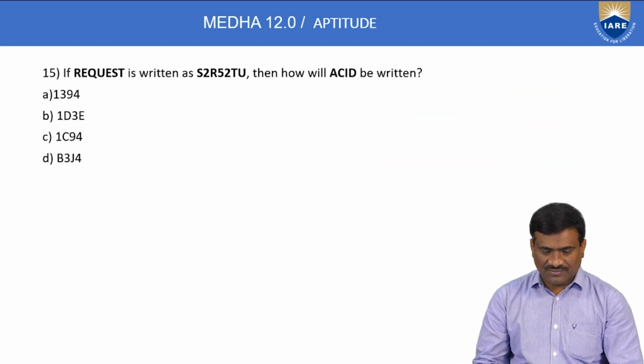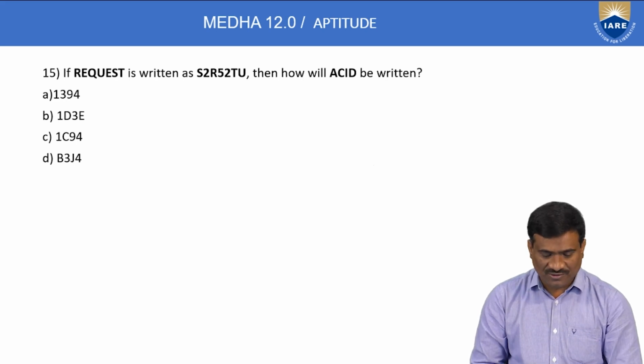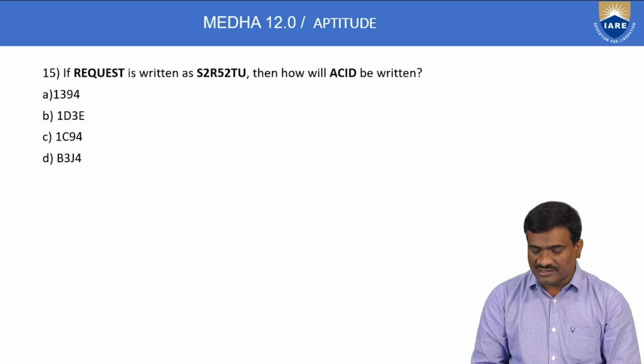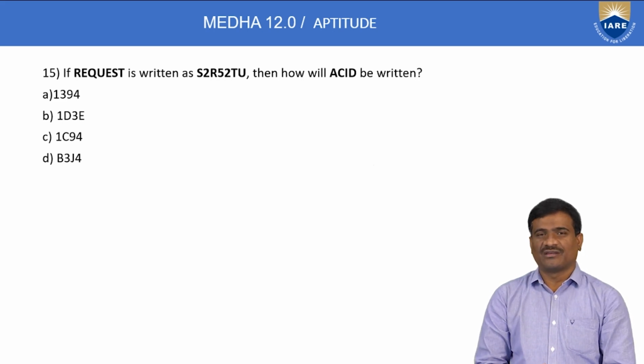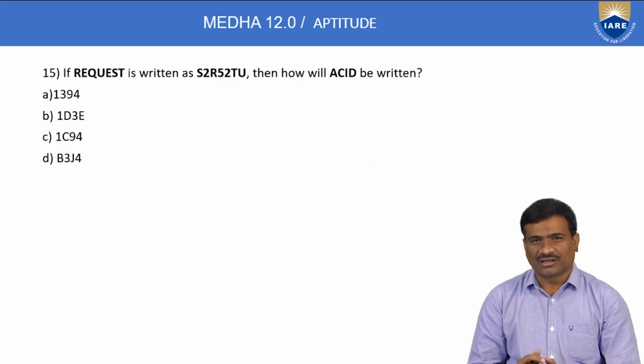Next, 15th, coding and decoding concept. If REQUEST is written as S2R5 2TU, then how will ACID be written? A 1394, B 1D3A, C 1C94, D B3J4. Alphabetical order: A 1, B 2, C 3, D 4 and so on up to Z 26.